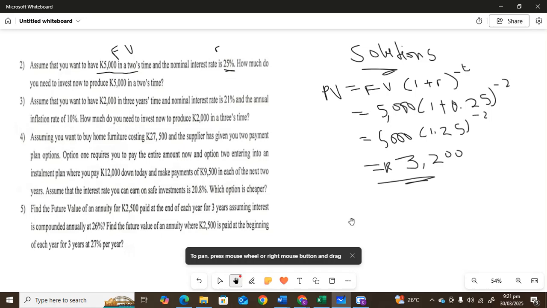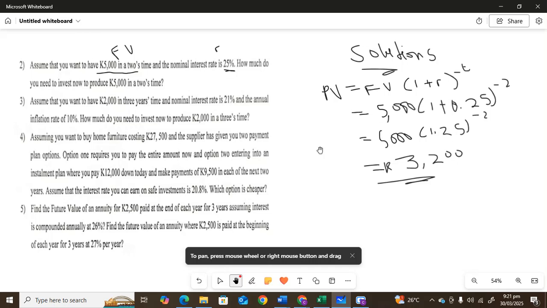It says, assume you want to have 2,000 kwacha in 3 years' time, and the nominal interest rate is 21%, and the annual rate of inflation is 10%. How much do you need to invest now to produce 2,000 kwacha in 3 years' time? Okay, so here, now we've brought in the inflation.